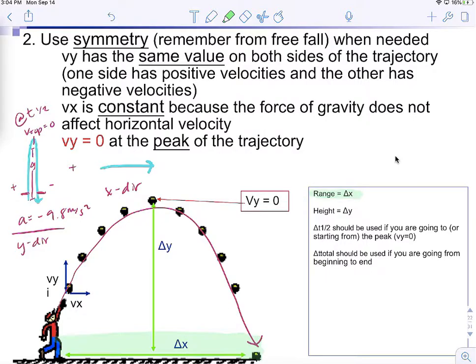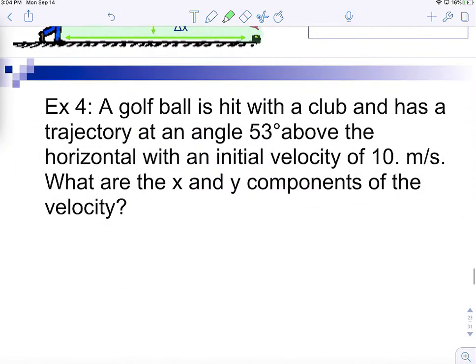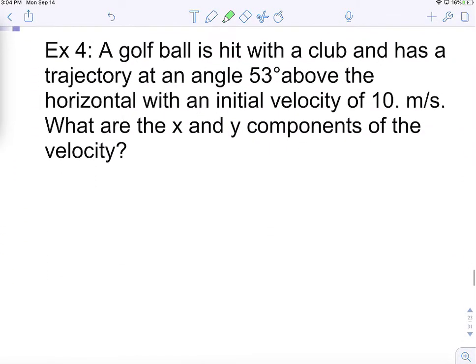I am going to go ahead and skip and do the practice problem that is on here. So a golf ball is hit with a club and has a trajectory at an angle of 53 degrees above the horizontal with an initial velocity of 10 meters per second. I'm going to start by drawing a picture of that.